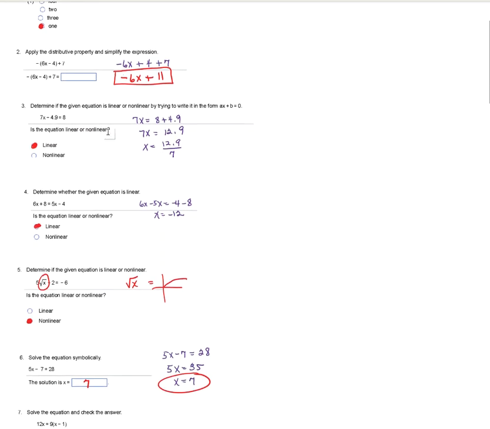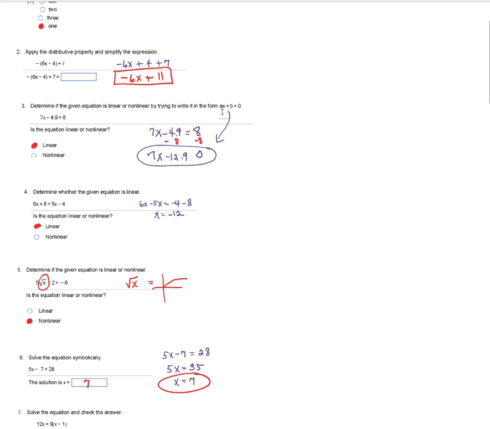Determine if the given equation is linear or nonlinear by trying to write it in the form ax plus b equals 0. So what we're going to do there is get this 4 point, they're wanting us to solve that, but we could do a couple of things to try and solve it the way they're talking about.